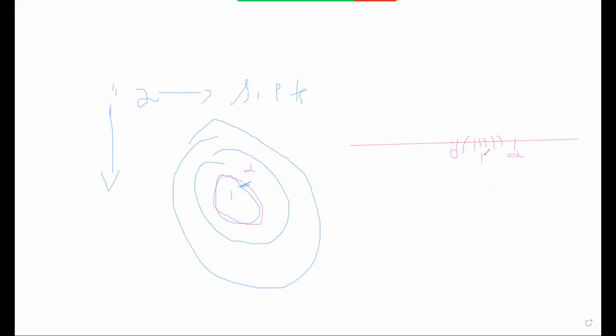If it is an isolated singular point, there exists one neighborhood. I'm choosing that neighborhood as this. In this neighborhood, the point 2 didn't come.